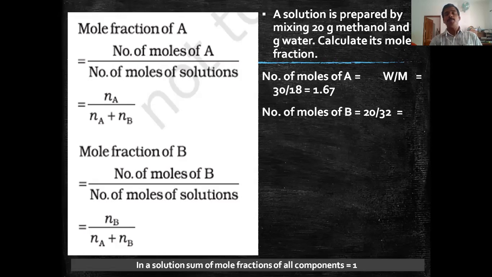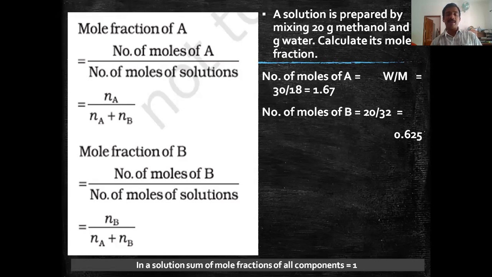Number of moles of B, mass of B, 20, divided by molecular mass, 32. CH3OH: 12 plus 4, 16, plus 16, 32. So number of moles of B is equal to 20 by 32 equal to 0.625.